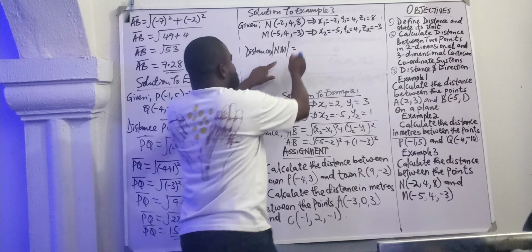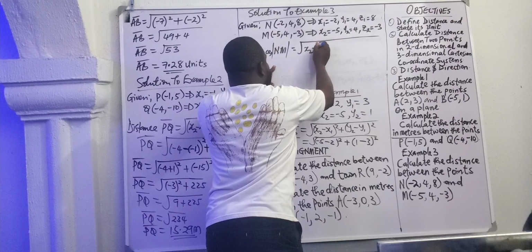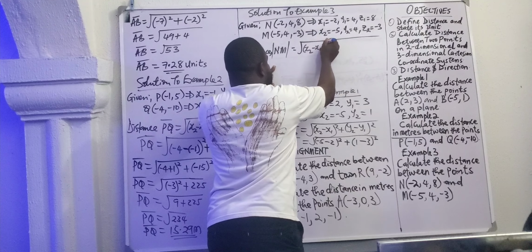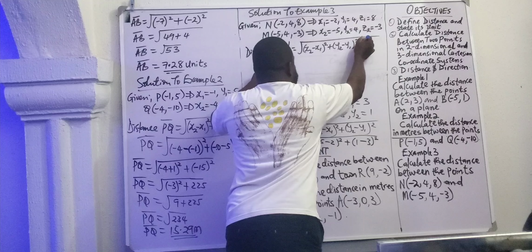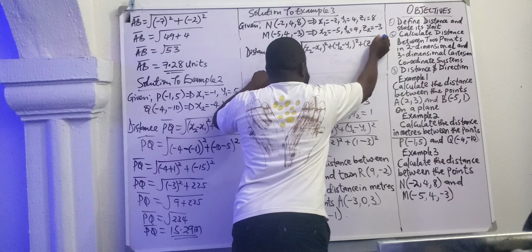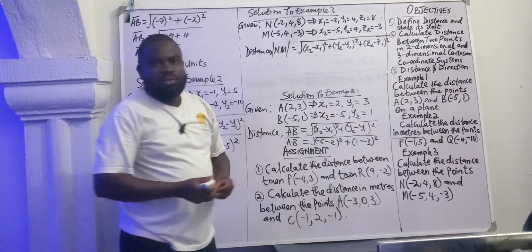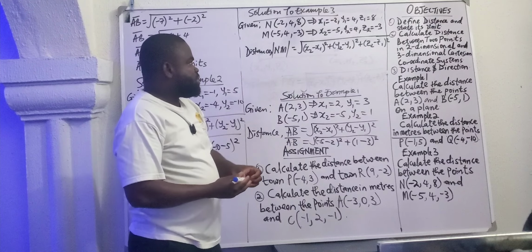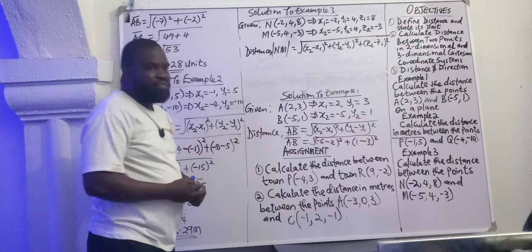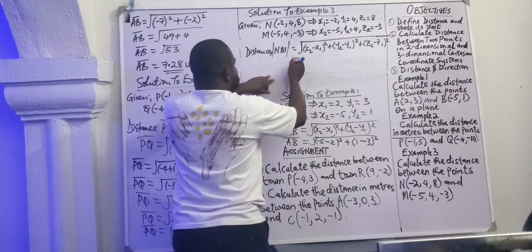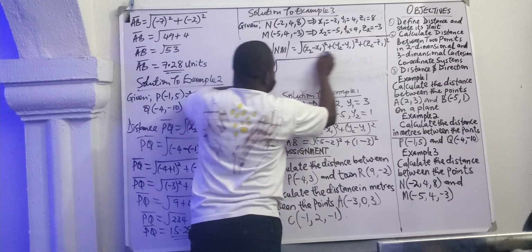So we have the square root of x2 minus x1 all squared plus y2 minus y1 all squared plus z2 minus z1 all squared, because this is a 3-dimensional coordinate system. Please, the square root covers all of them. Don't draw it half in order not to run into problems.